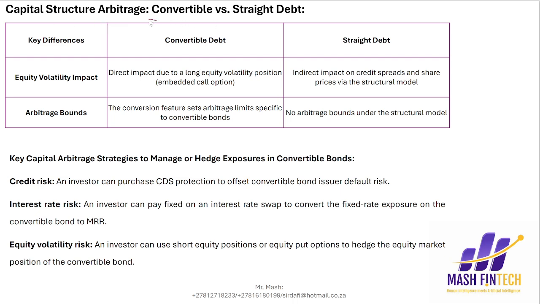Let's compare the convertible versus the straight debt. In terms of volatility, the convertible debt has a direct impact due to the long equity volatility position, the embedded call option. So what this means is, if the stock is very volatile, the investor is going to benefit if the price of the stock continues to go up.